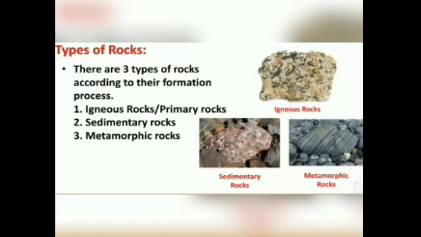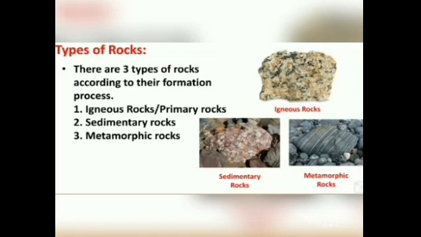The word sedimentary itself tells us that they are formed from the layering process, layer over layer, and these sediments are laid and sedimentary rocks are formed. Next we have metamorphic rocks, which are formed because of metamorphosis.